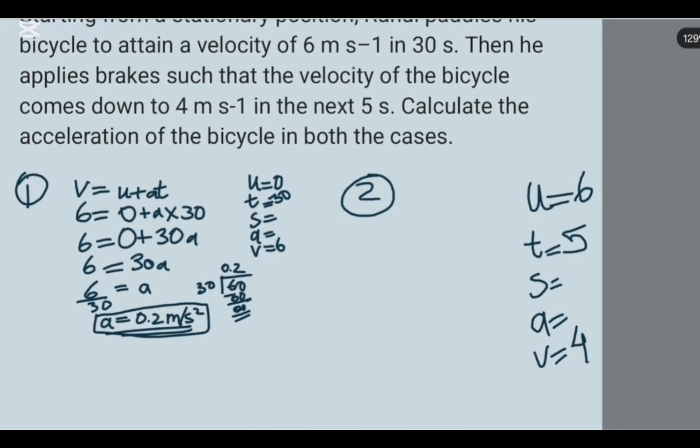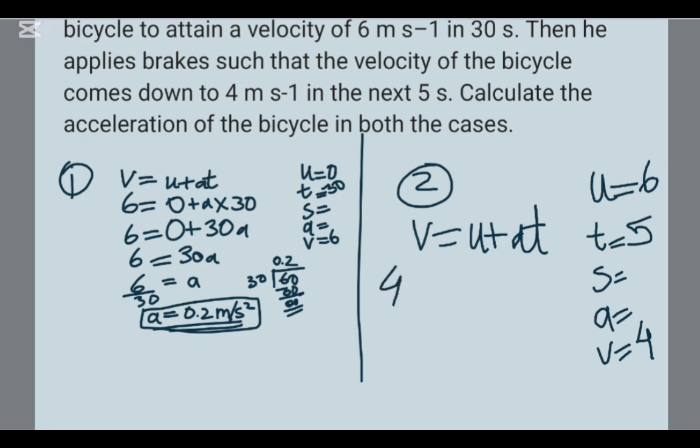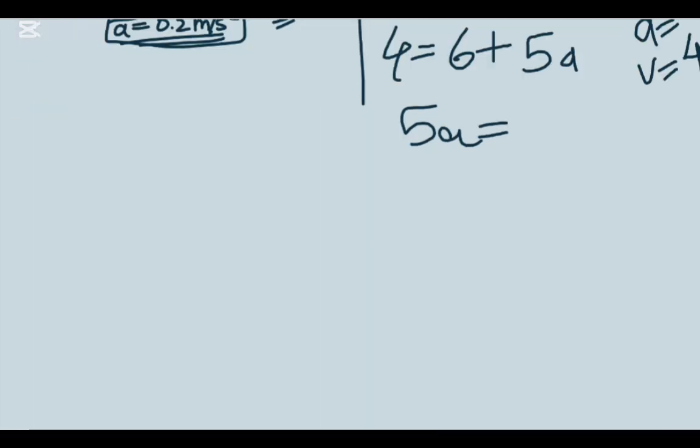Now we're going to use the same formula once again. V equals to U plus AT. Here let's substitute the values. 4 equals to 6 plus A, we'll leave it as it is, into 5. Here we are transposing the values.